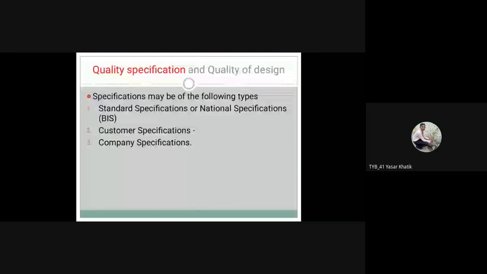There are a lot of standards regarding our government rules. In the given guidelines, we have to manufacture the product within those guidelines only. Okay, customer specification: this is a customized specification where the customer gives some demands, some requirements.